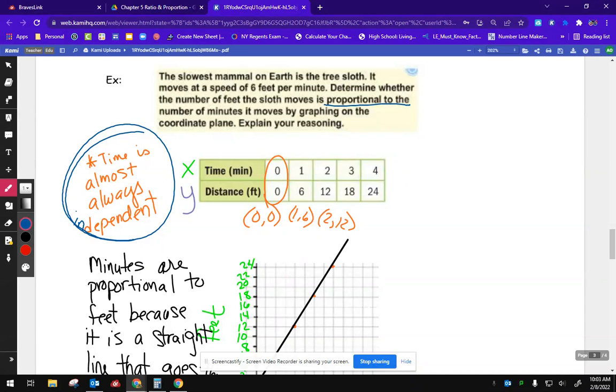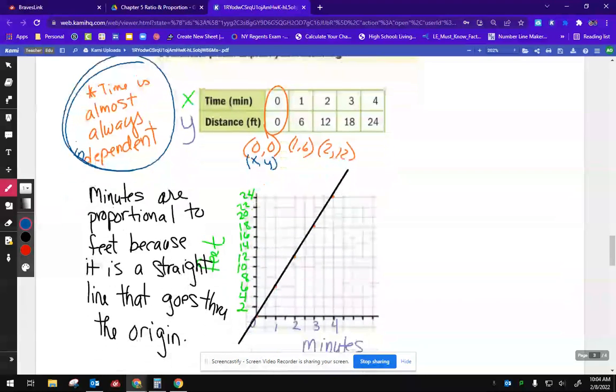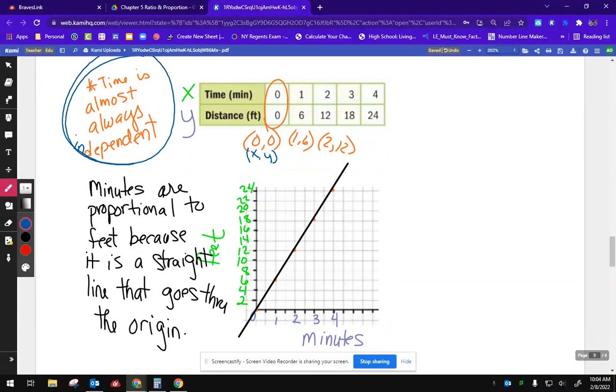We know it. Remember that x and y are points that we can put on a grid. X always goes along the bottom. This is our x-axis. Y always goes up the side. And then we can plot those points. Plot 0, 0. Plot 1, 6.